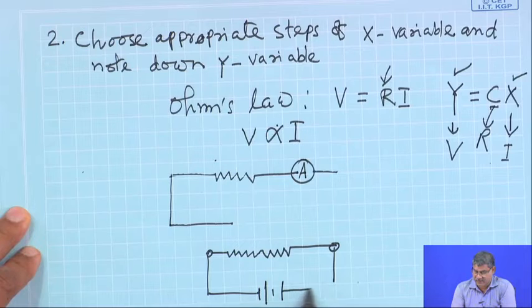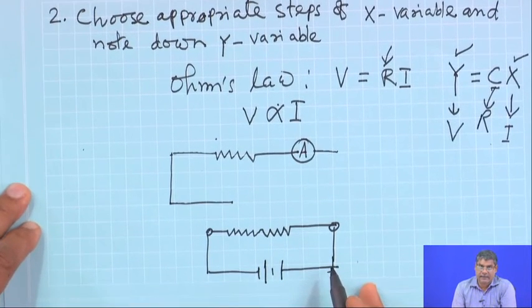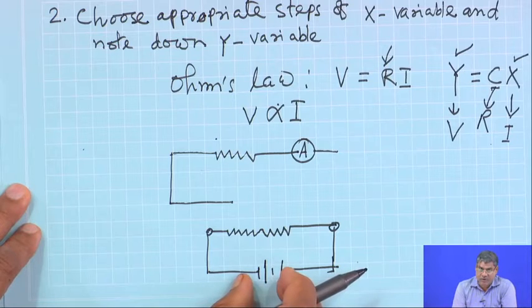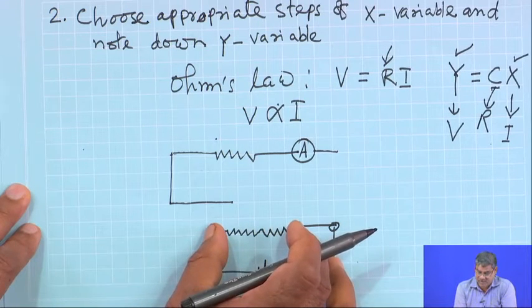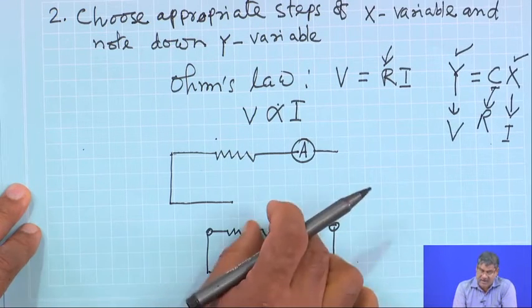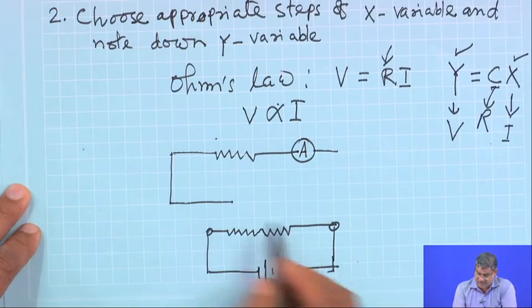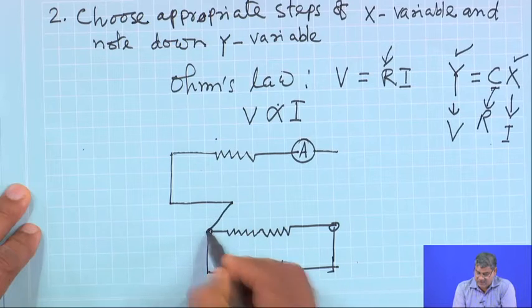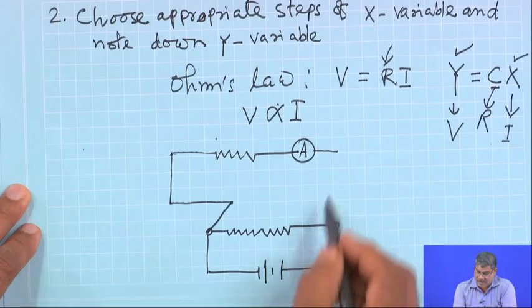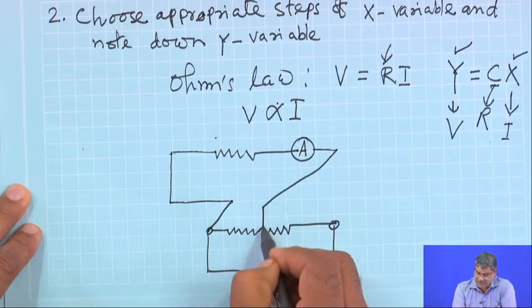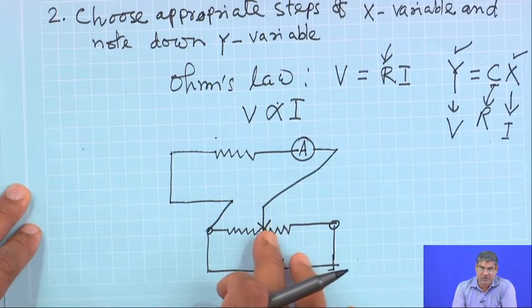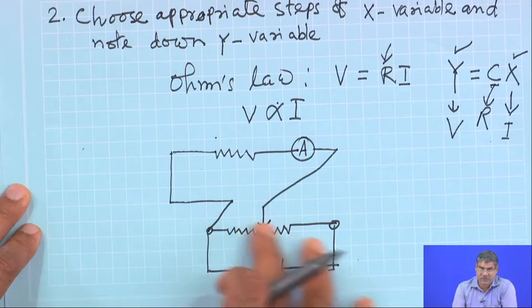This is a battery, and this is the voltage drop across this one. From here I am taking voltage, so I will connect this here, this here, and this with a jockey, it is called a jockey. So, you can vary the position on this.